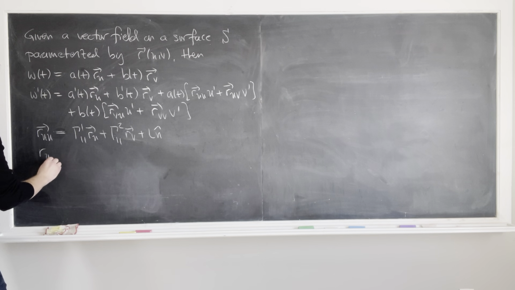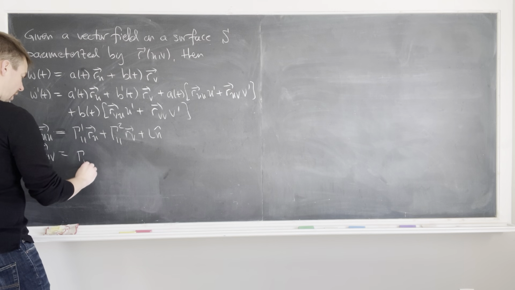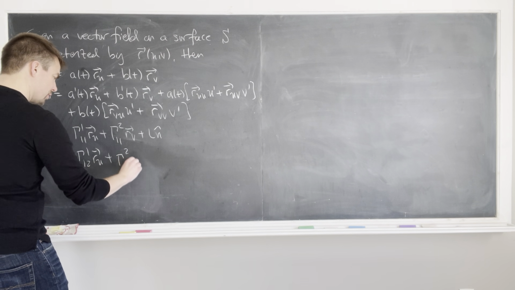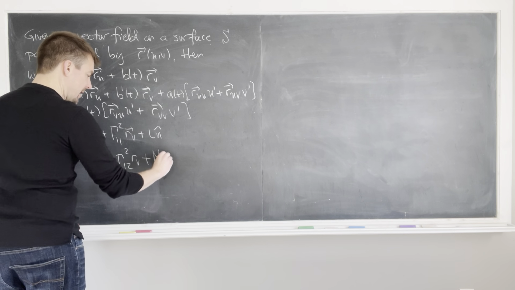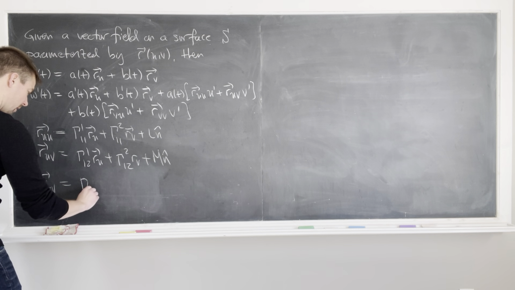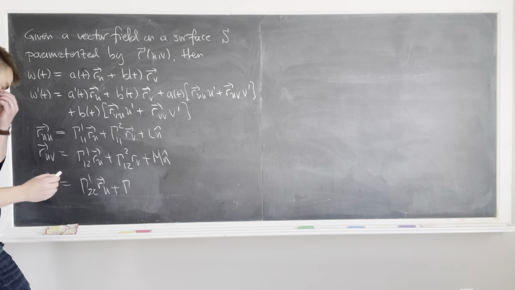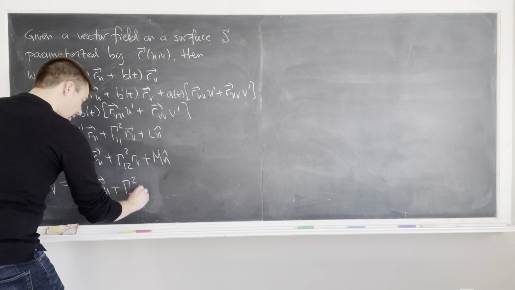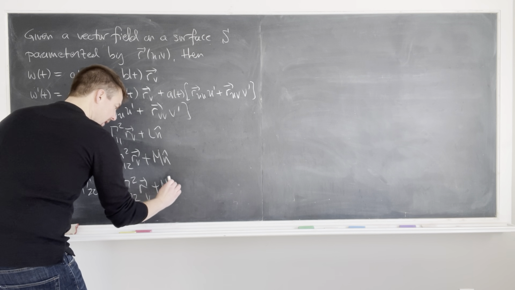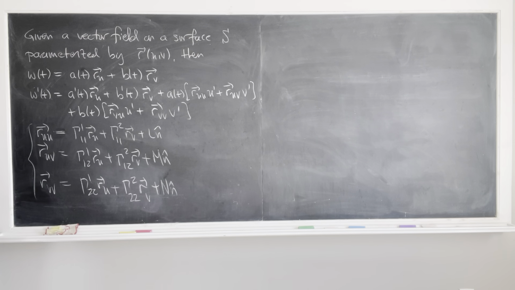I know that R_uv is equal to gamma 1,2,1 R_u plus gamma 1,2,2 R_v plus M n hat. And then R_vv is going to be gamma 2,2,1 R_u plus gamma 2,2,2 R_v plus N n hat, like that. Beautiful. Okay, we have these three things.